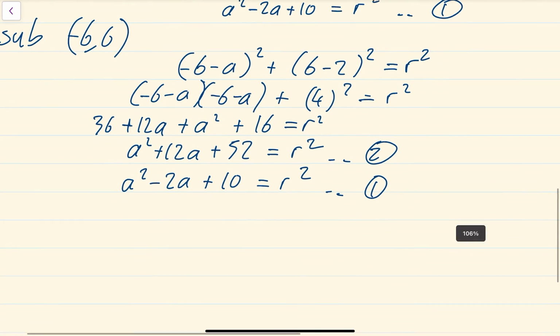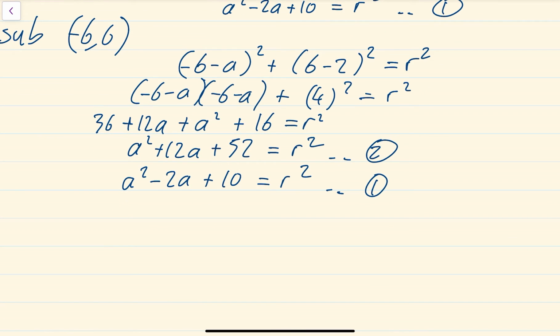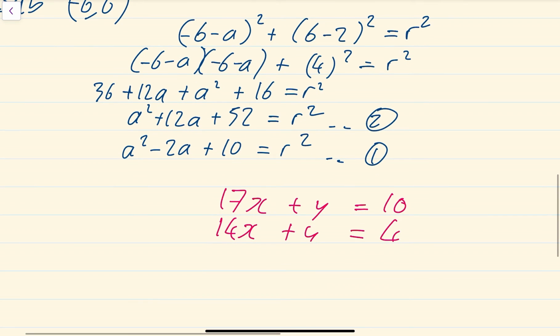Now, if you had simultaneous equations like this, 17x plus y equals 10 and 14x plus y equals 4, I'm just making these up randomly. What would you do? You would subtract, because you've got the same number of y's, so they would cancel out.